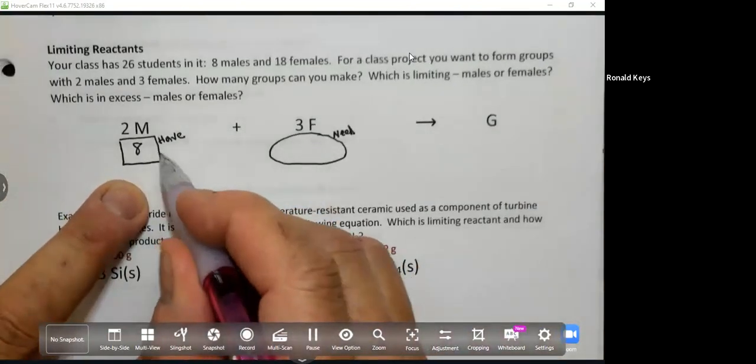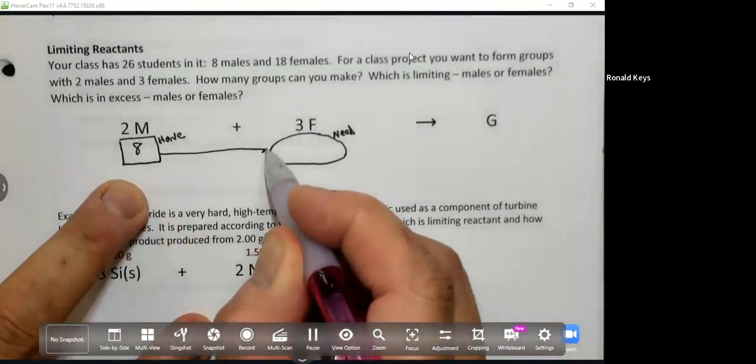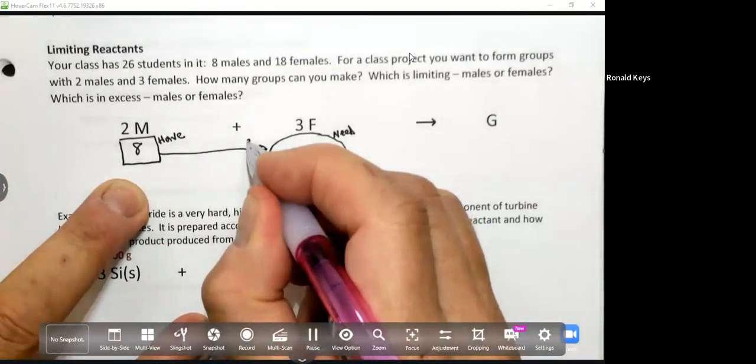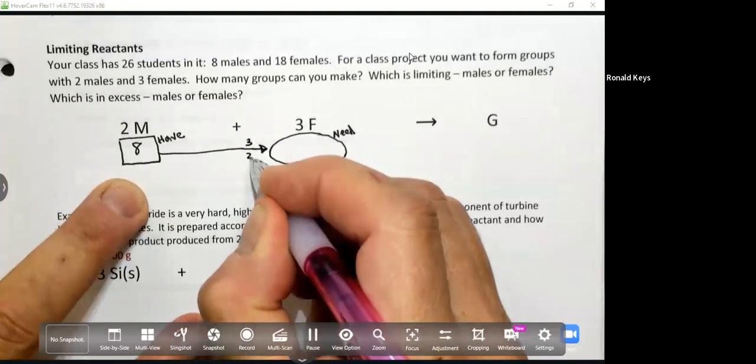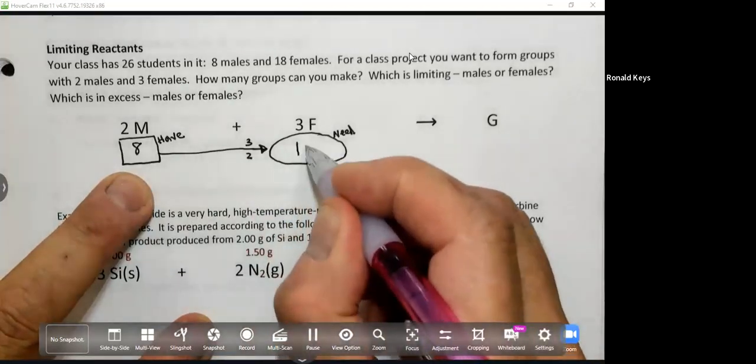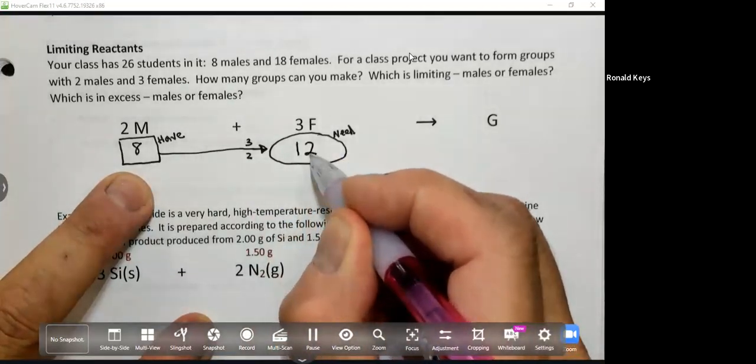I'm just going to draw my arrow. What is my mole factor fraction? 3/2, right? So if I take 8 times 3, I get 24. 24 divided by 2 is 12.